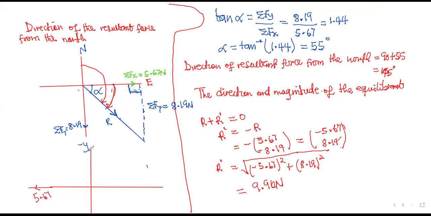And then the y component is positive, which will be here. This is 8.19. Therefore, the direction of the equilibrant will act there, R prime.